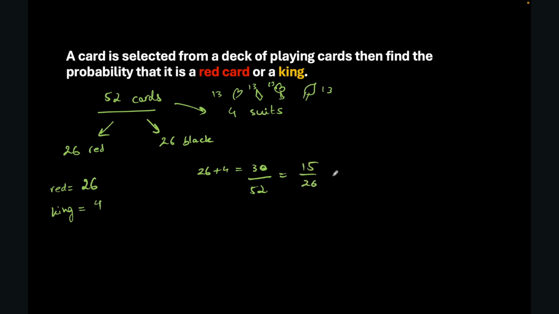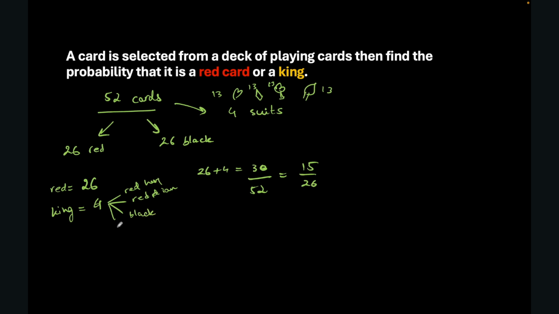Is it? Think about it, and think about it really hard, because what I've done is I've made one small error in this situation. I've taken account for 4 kings, which account for red heart, red diamond, and then black spade and clover.